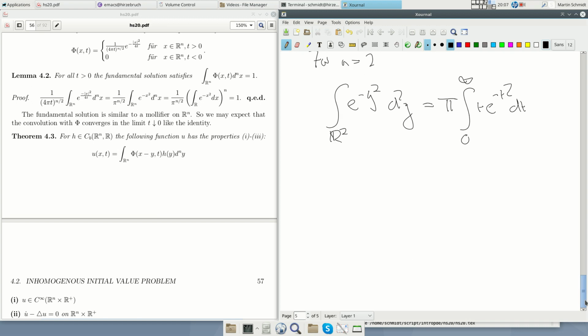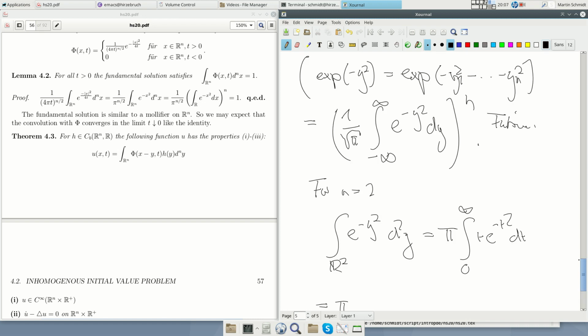But this integral we may calculate. Sorry, I made a mistake. The length of the unit circle is 2 pi, of course.